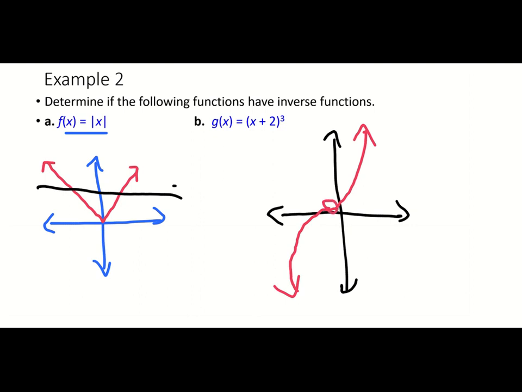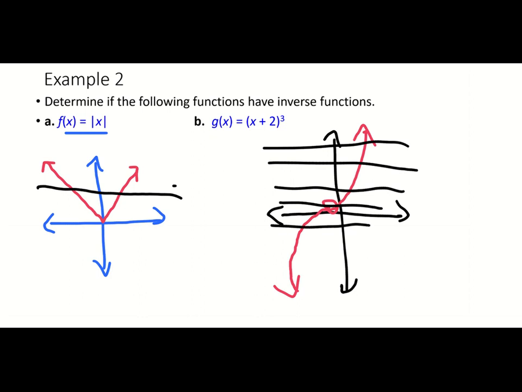Now, if I were to look at this though, and I do my horizontal line test, and again, I'm drawing the lines so you can see them, as I go across, and ignore that it shouldn't be that flat there, but as I use my horizontal lines, this graph does pass both the vertical and the horizontal line test.